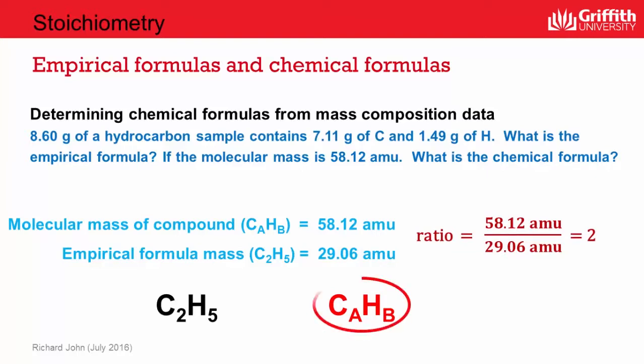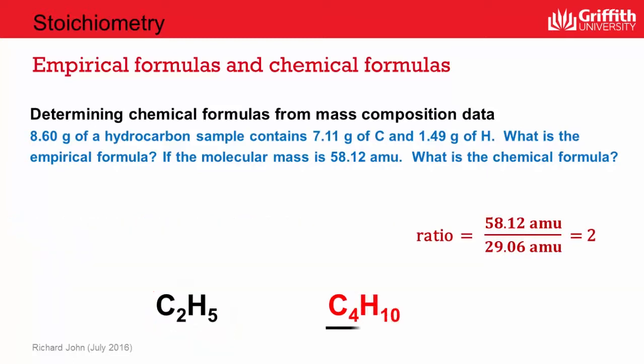So when we're trying to determine the actual chemical formula of this compound, we're going to take the subscripts in the empirical formula, and in this case we're going to multiply them by 2. And so what we're ending up with here is the compound C4H10, and this is the chemical formula for the compound provided in this question here.